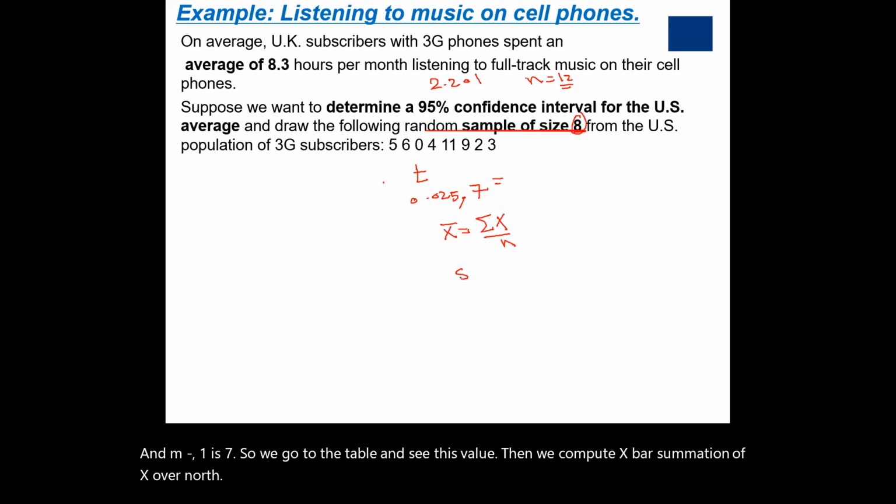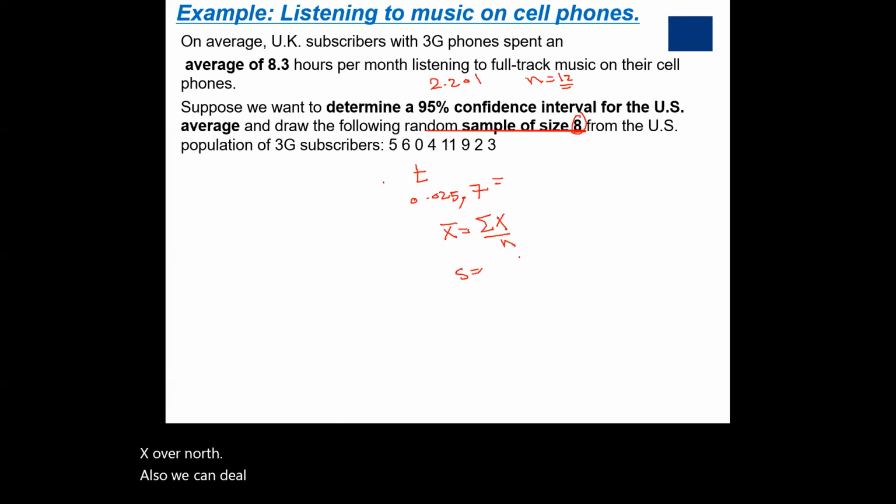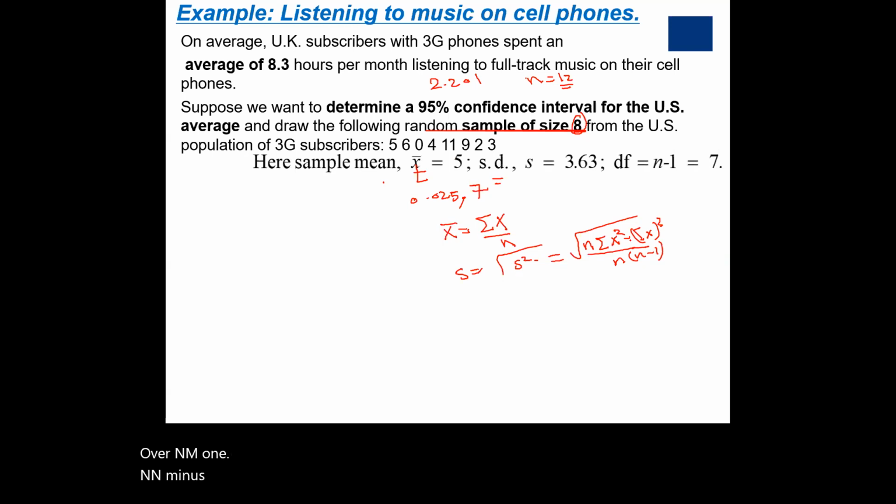Also we compute s, square root of s squared, which is the square root of n times summation x squared minus summation x all squared, over n minus 1, n minus 1. Compute these values.